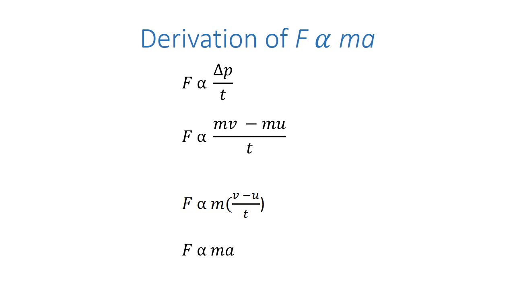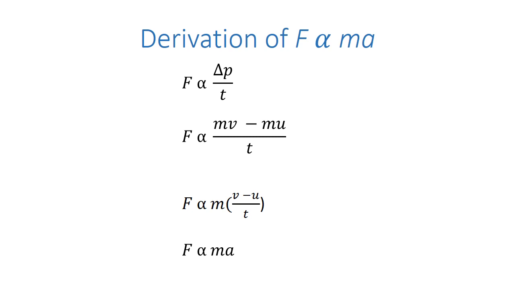Next. So let's look at how we derive that force is directly proportional to the rate of change of momentum. We know that force is directly proportional to the rate of change of momentum, where force is directly proportional to the final momentum minus initial momentum per unit time. And using mathematics, we can find that force is directly proportional to mass and the change of velocity per unit time.